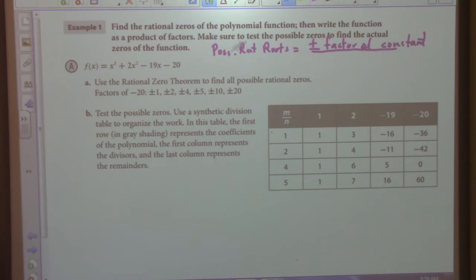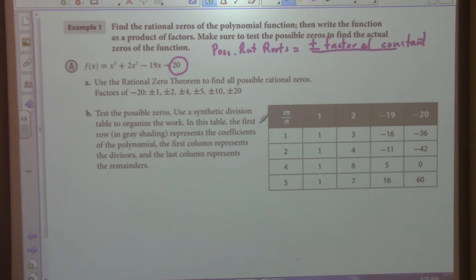What is the constant here in this function? X? No, constant is a number. 1? No, what is the constant in this? It's a number that doesn't change. Yes. What is the number here that does not change? 20.